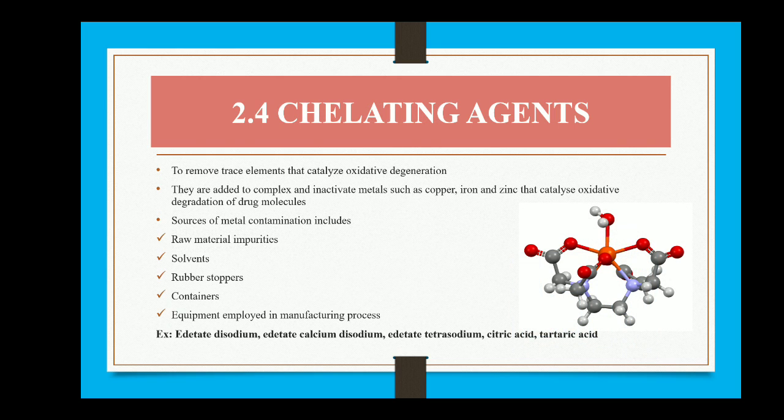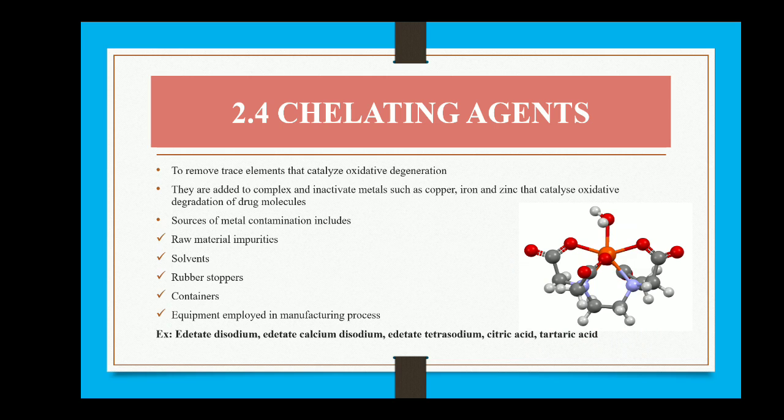Moving on to the next additive used in the preparation of parenteral products are chelating agents. They are used to remove the trace elements that catalyze the oxidative degradation. They are added to complex and inactivate metals such as copper, iron and zinc that catalyze the oxidative degradation of drug substances.